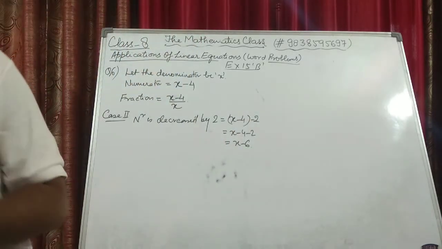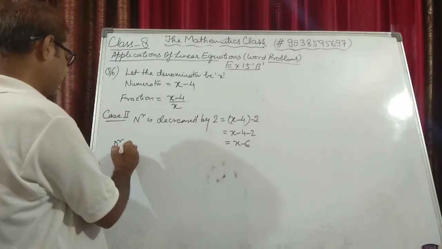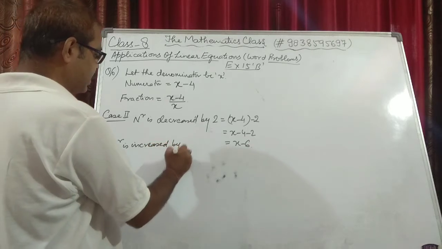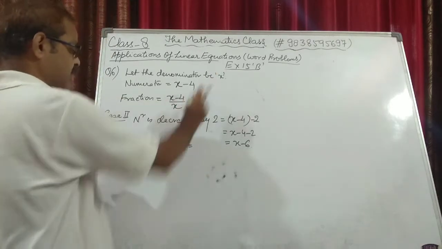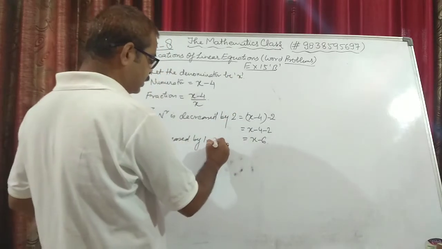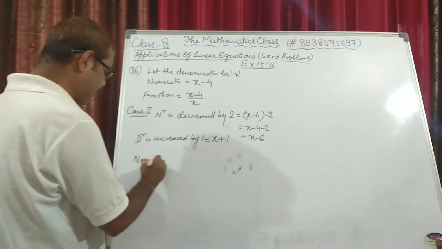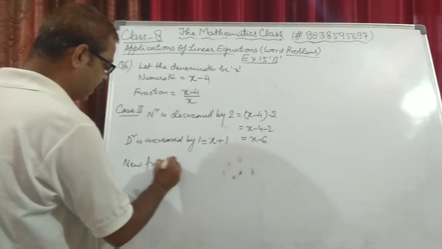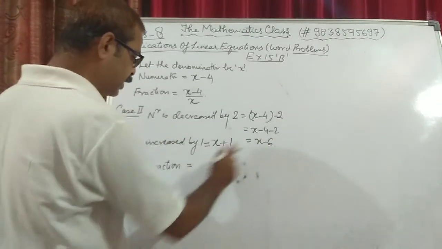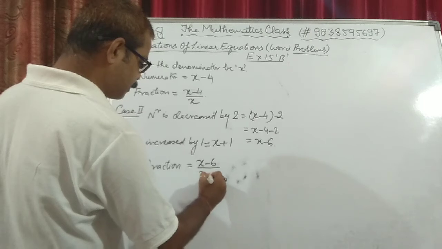And they say that the denominator is increased by 1. The denominator was x, so increased by 1 means x plus 1. So the new fraction is numerator upon denominator, where the numerator is x minus 6 and the denominator is x plus 1.